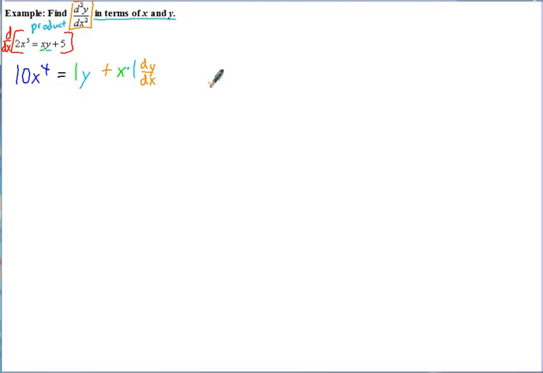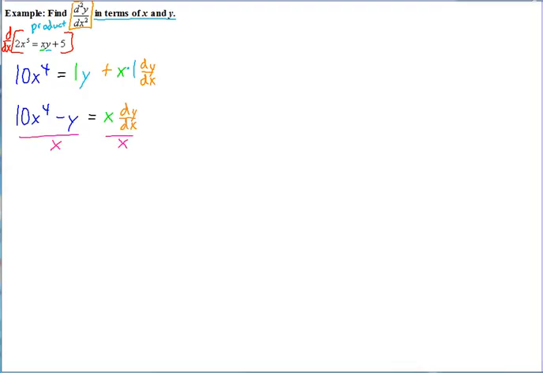So this time it's a little simpler to get it for sure, because there's only one dy dx. It's easier to isolate. All I have to do is subtract the y over. So we get 10x to the fourth minus y equals x times dy dx. And then last step to solve for dy dx, you just divide by x.